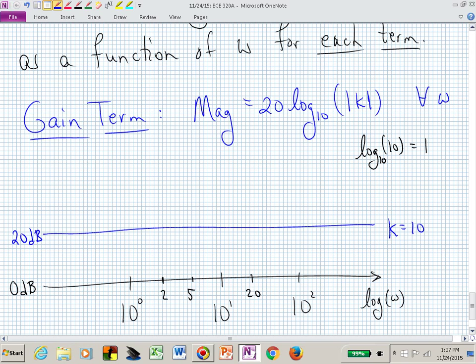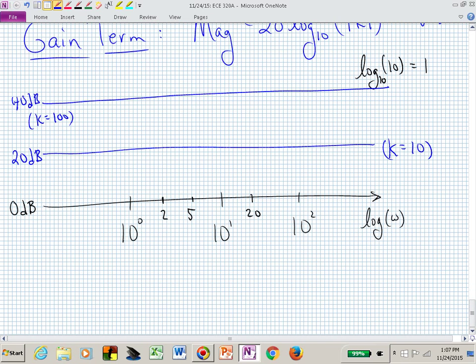If your gain K was 100, then where are you? Now you have log of 100 is 2, so now that's at 40 dB. If K was 0.1, 10 to the minus 1, do you see how this is working?